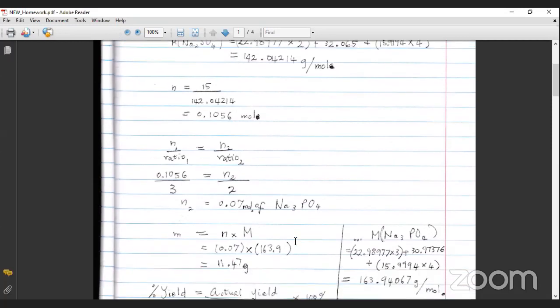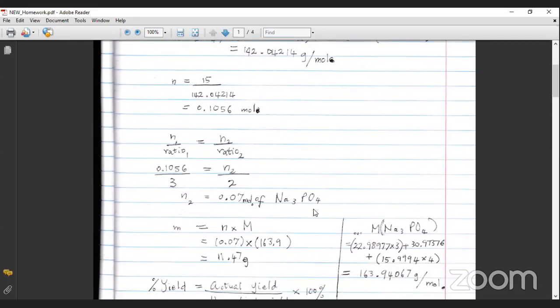Okay, now that we have the number of moles for this, it means that we can now calculate the mass of it. And to calculate the mass, we need once again the molar mass. So how do you calculate the molar mass? You calculate it like this. Don't forget, anything that has a subscript underneath needs to be multiplied.